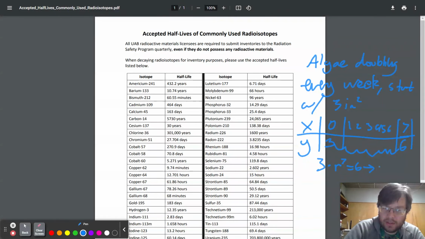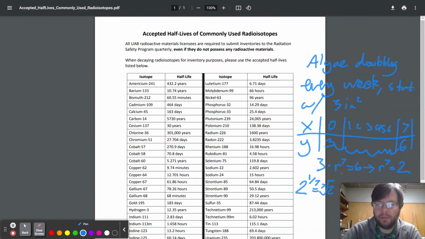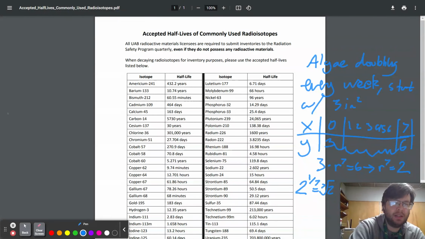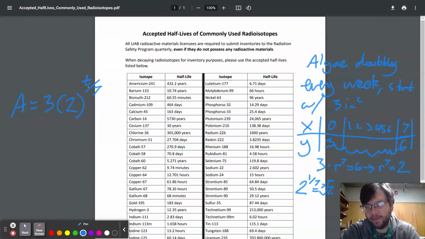That means that something to the 7th power is doubling, and this means that I have 2 to the 1/7. The 7th root of 2 is my multiplier. In other words, just like my half-life problem, the amount of algae I have is 3 times 2 to the t over 7, right there.